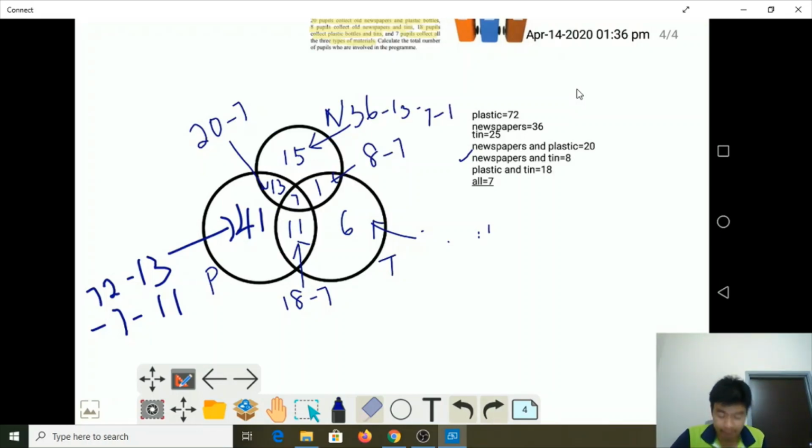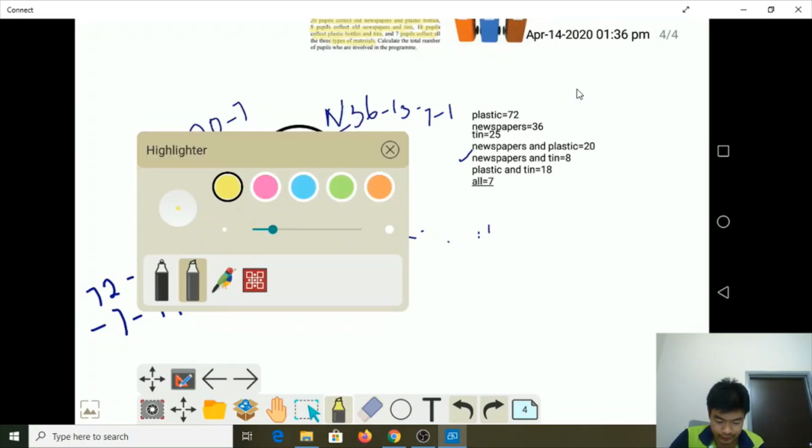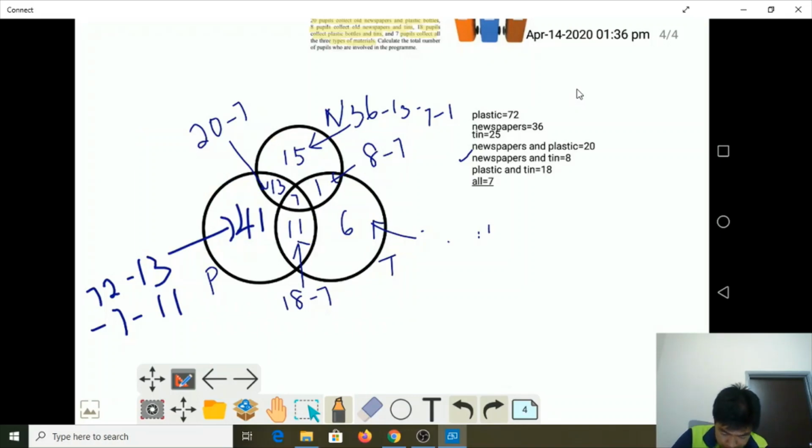Let me highlight. Okay, to find the total number of the pupils who are involved in the program, I'm going to highlight it for you in orange. The numbers that you need to add: 15, 41, 6, 11, 7, 1, and 13. The total of the highlighted numbers is the total number of the participants.